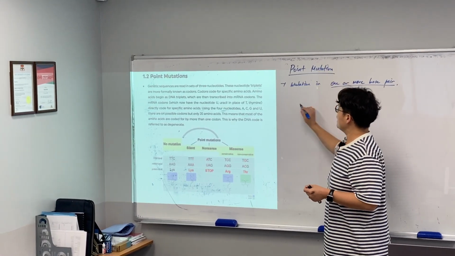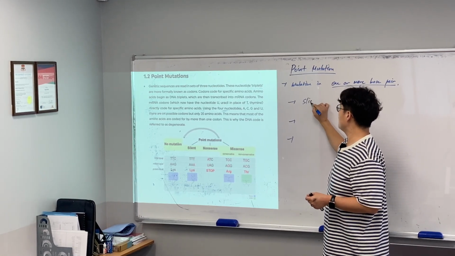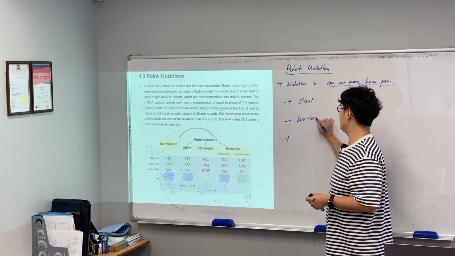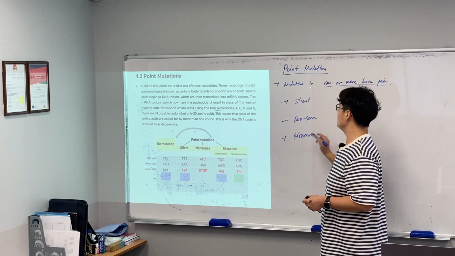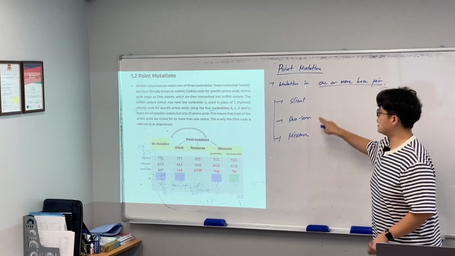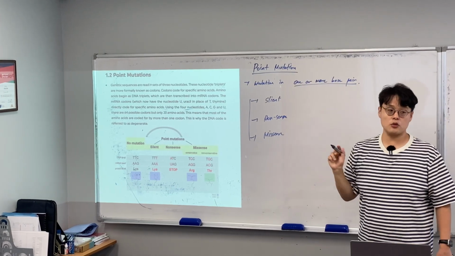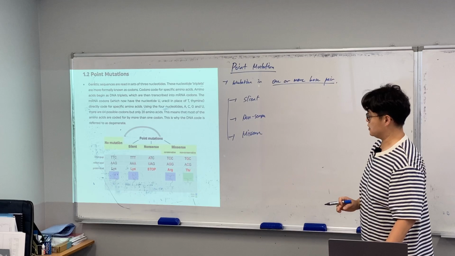Depending on that, we can divide point mutations into three. One is called silent. The second is called nonsense. And the third is called missense mutations. Remember that silent, nonsense, and missense are part of the point mutation, where we get just one single change in your DNA sequence.